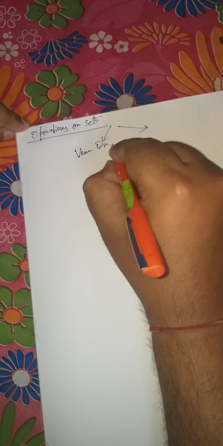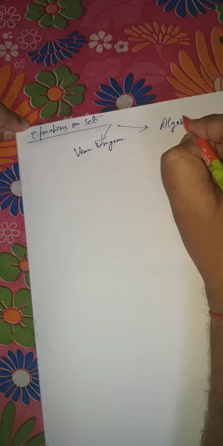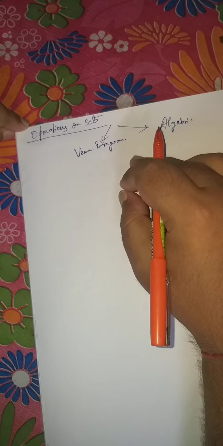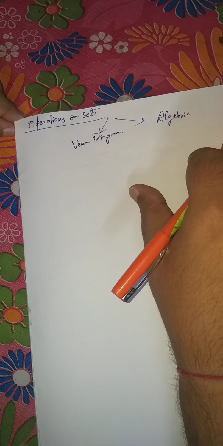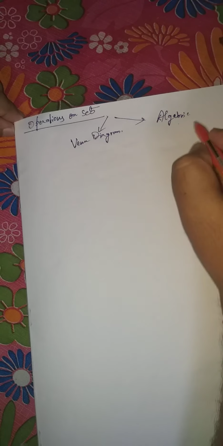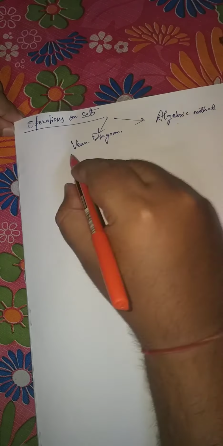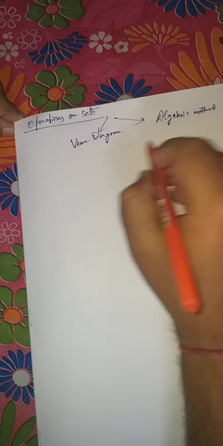One is the Venn diagram and the other one is the algebraic method. Using a Venn diagram you can illustrate anything, or you can use algebraic methods. I will discuss both at a time, simultaneously, one by one.